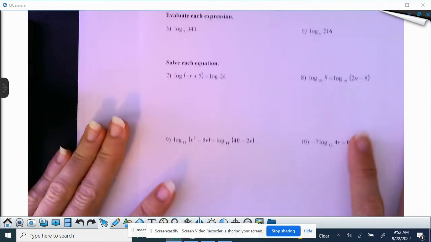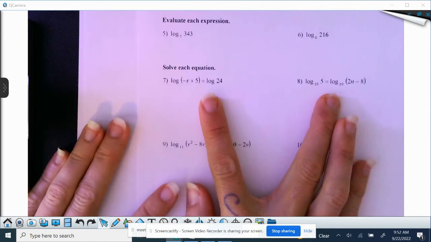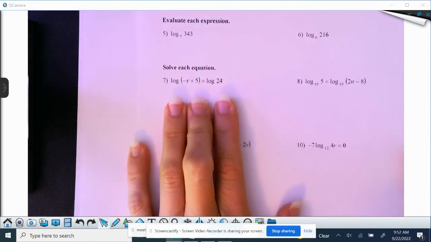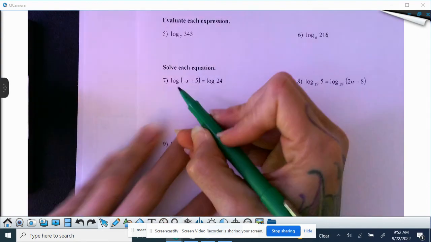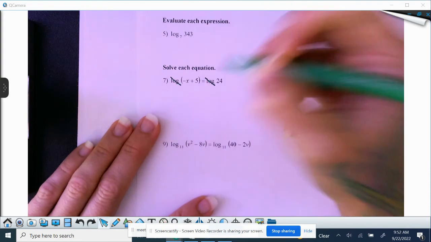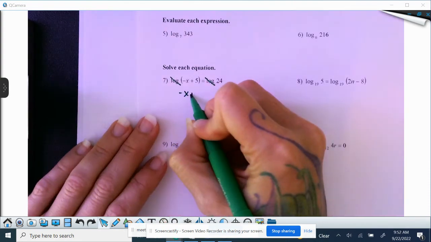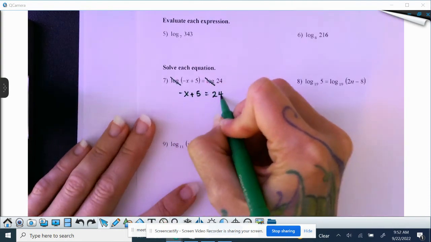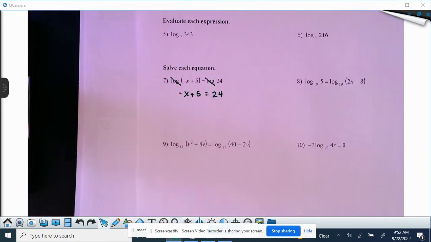These are my most favorite because they're really basic. If you have an equation with the same log base, in this case log base 10, on either side of the equal sign, they cancel each other out. Then you end up with just negative x plus 5 equals 24, and you solve it like a standard equation.